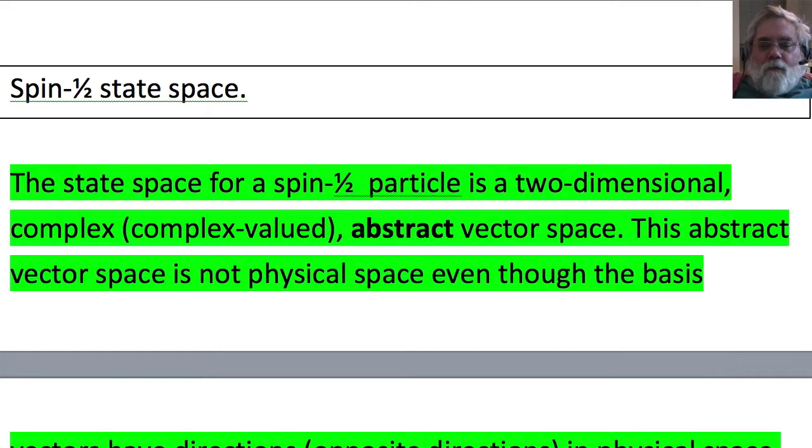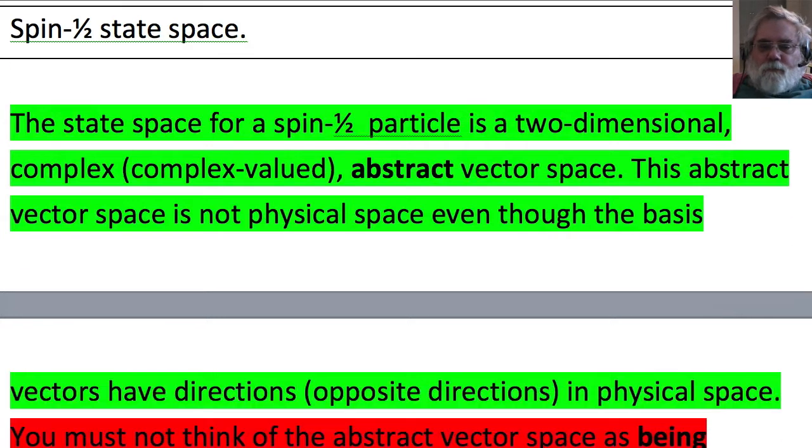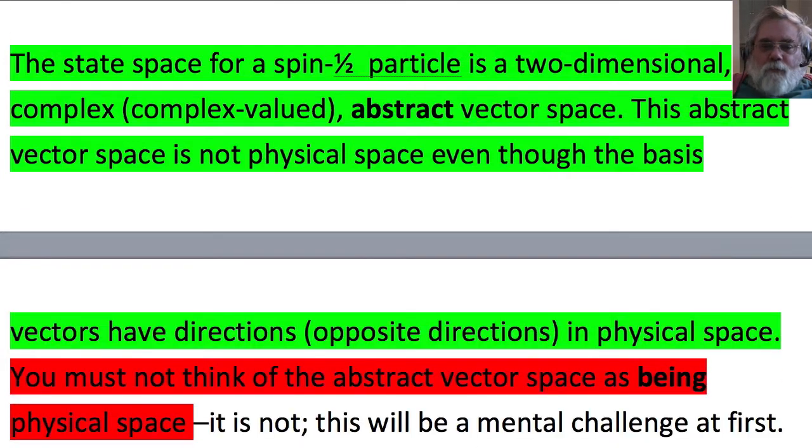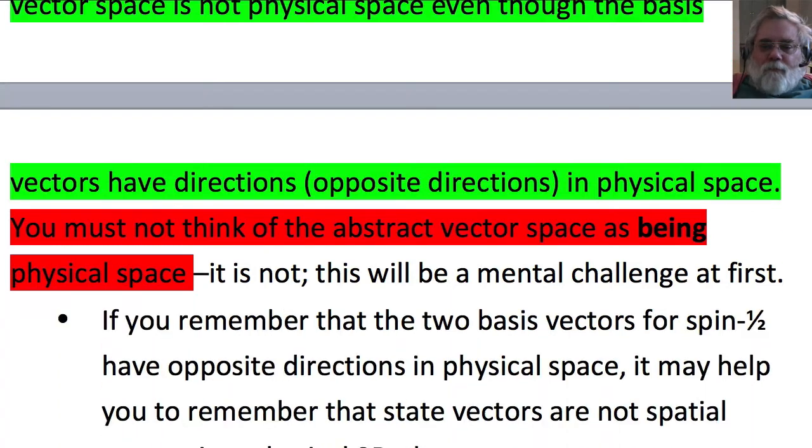Now, this abstract vector space is not physical space, even though the basis vectors have directions, opposite directions in physical space. You must not think of the abstract vector space as being physical space. It's not. And this will be difficult at first to remember, that states are vectors in an abstract space.